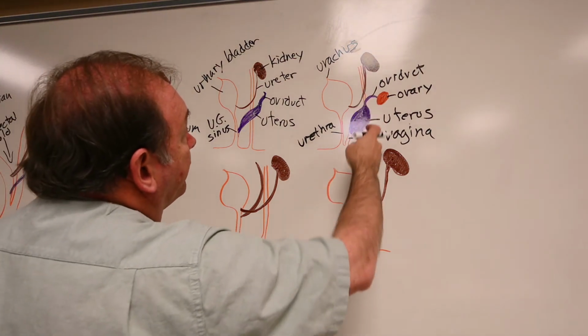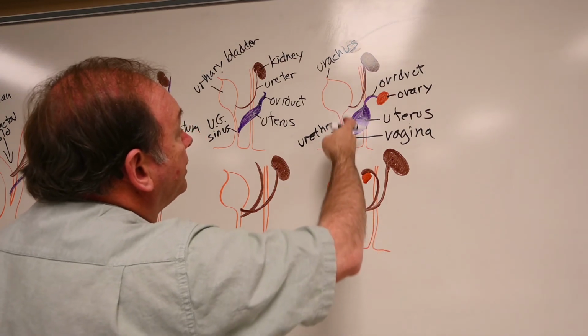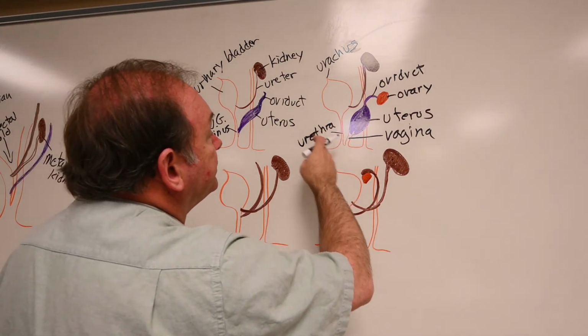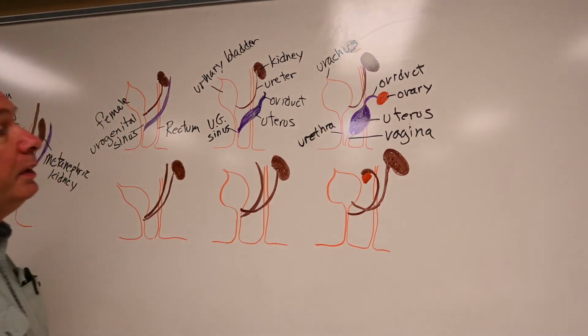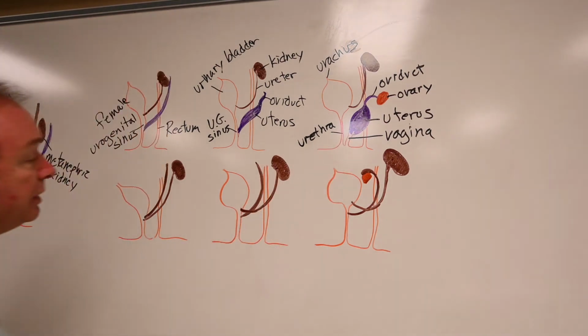We still have rectum from the digestive tube back there. So anyway, the main thing going on here is the separation of the urogenital sinus now into two passages, separate urethra and vagina. That does not happen in the male. We don't see that kind of separation.